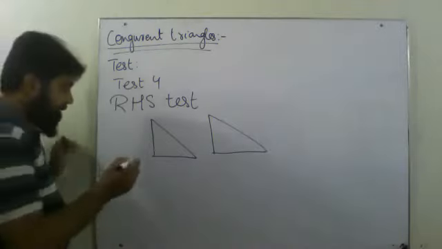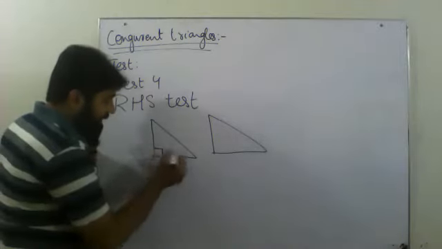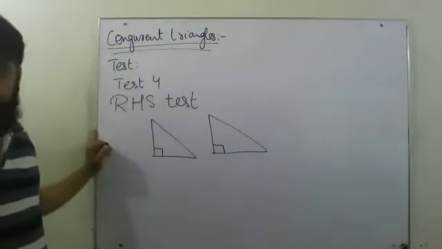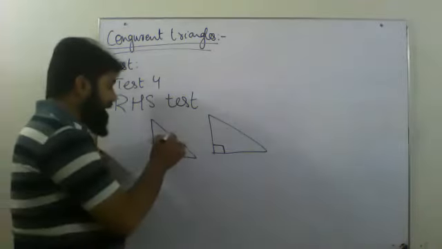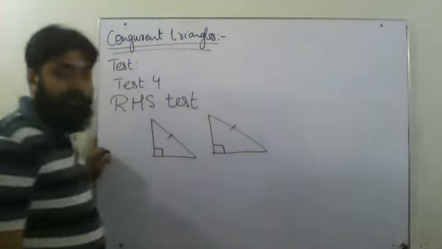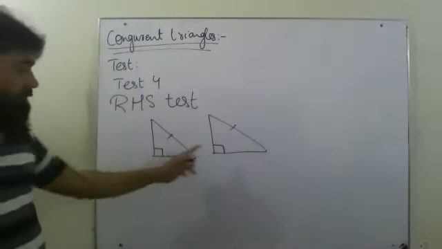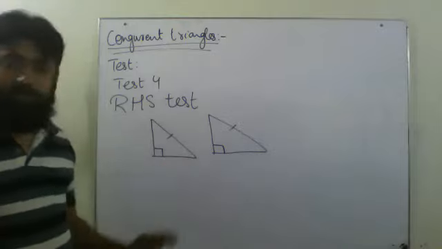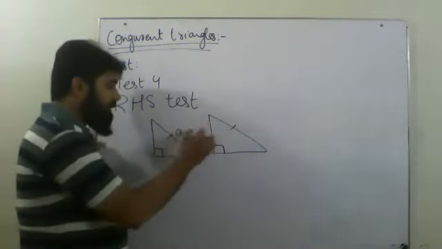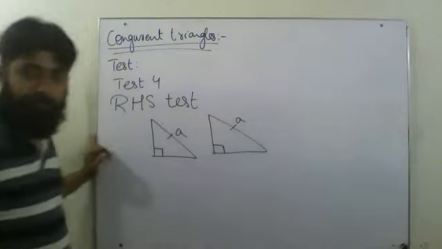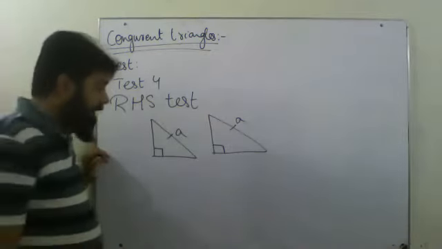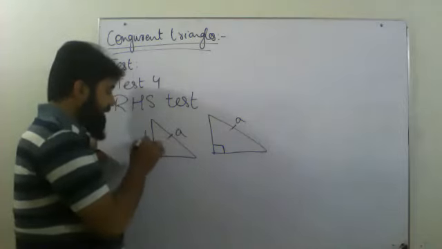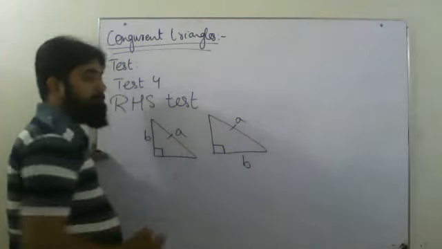Okay. So first thing, they are going to say that it should be a right angle triangle. Secondly, if their hypotenuses are the same, for instance, this is A and this is also A. Third thing, any other side other than the hypotenuse is also equal.